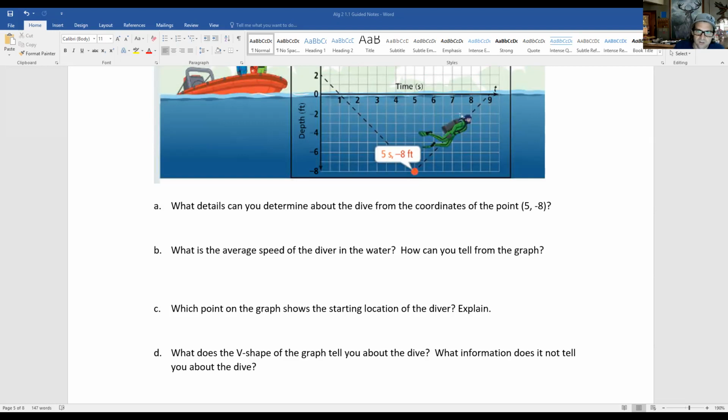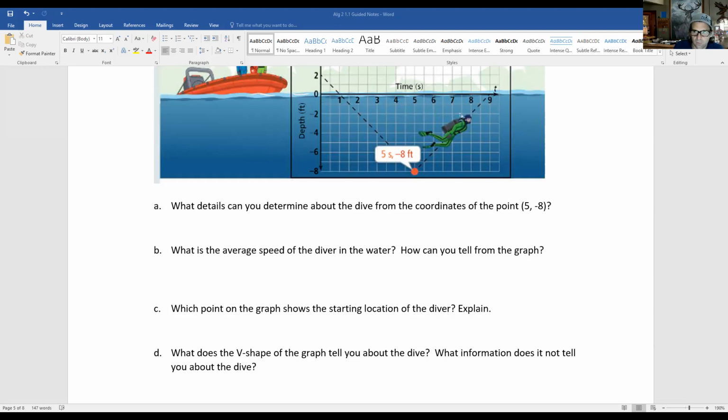Well, she goes down 8 feet and back up, so that's a distance of 16 feet. Over time, well, it says in the water. Well, she starts the water at 1 second, gets out at 9 seconds, so that's a time length of 8 seconds. So 16 feet over 8 seconds, so that would be 2 feet per second.